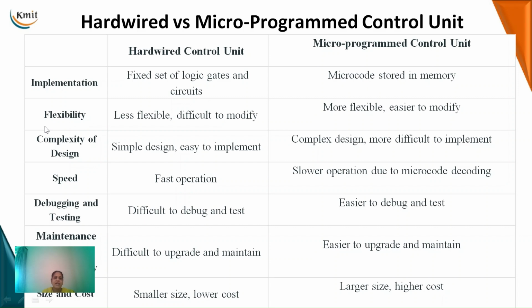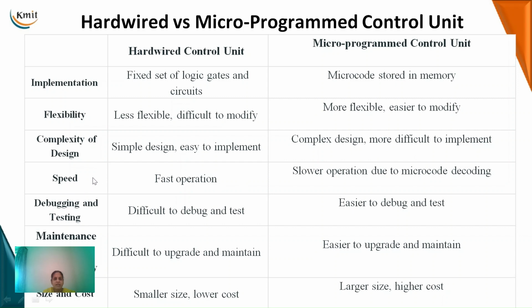In terms of flexibility, the hardwired control unit is less flexible and it is difficult to modify the design. The microprogram is more flexible and easy to modify. Coming to complexity of design, the hardwired control unit has a simple design and is easy to implement. But in case of microprogram, the design is complex and very difficult to implement.